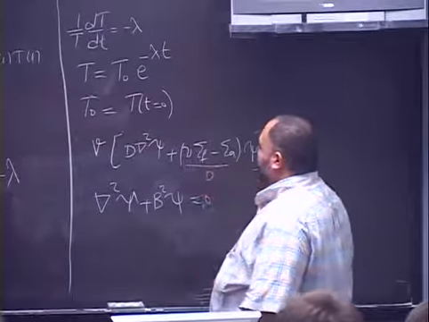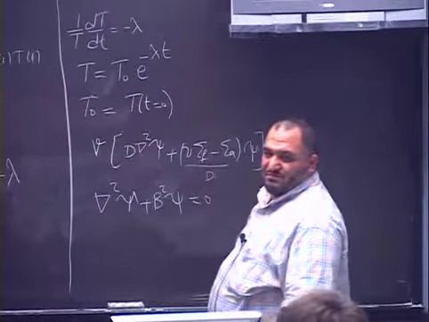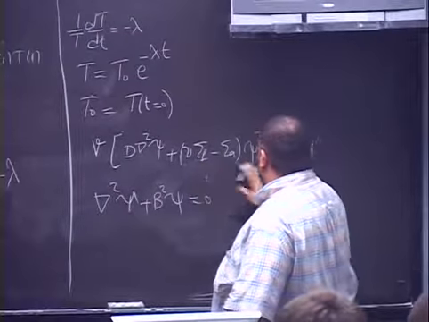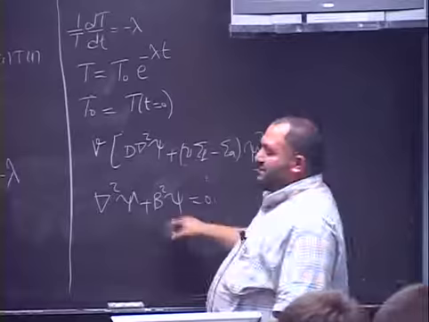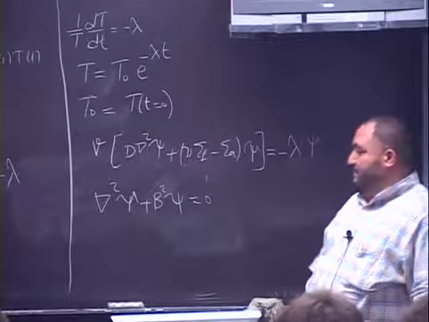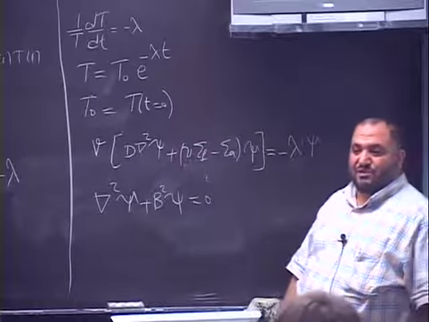All this is constant, so you will call it B square. So we are seeking a solution in the form of nabla square psi plus B square psi equal to 0.